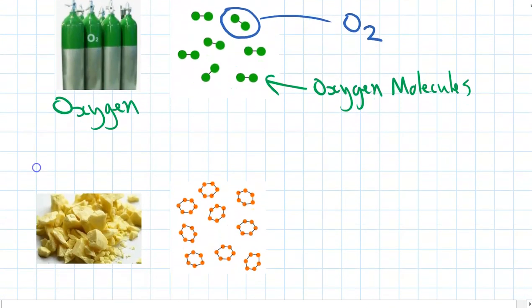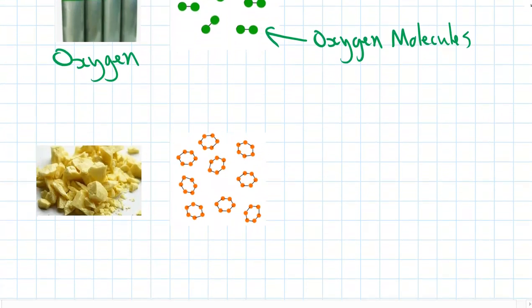Okay, here's another type of element that exists as a molecule, and this one's sulfur. So sulfur here looks like a powdery, crumbly cheddar cheese actually. It's a little bit harder than cheese though. And sulfur, when it exists as an element, actually exists in molecules with 6 sulfur atoms joined together.